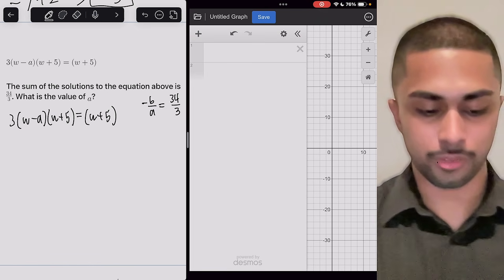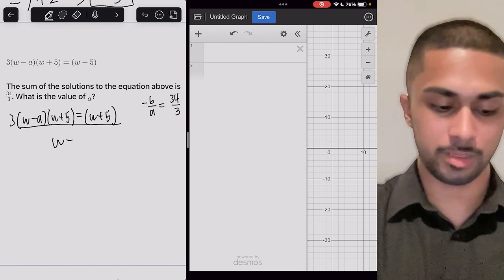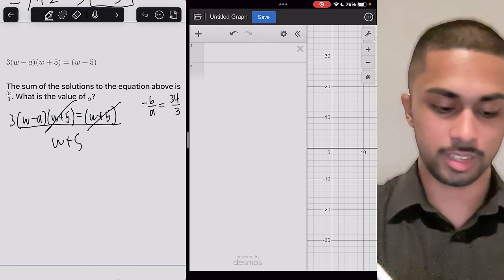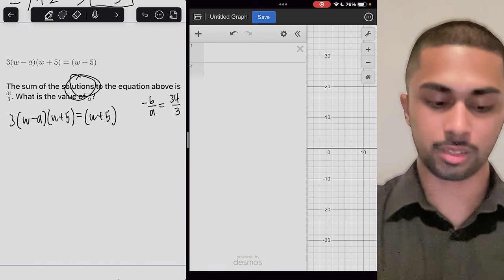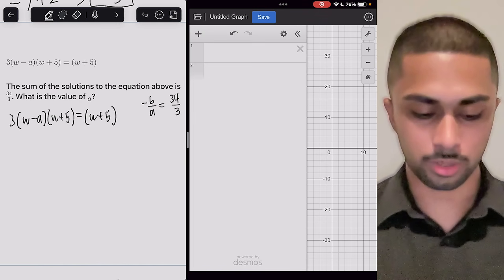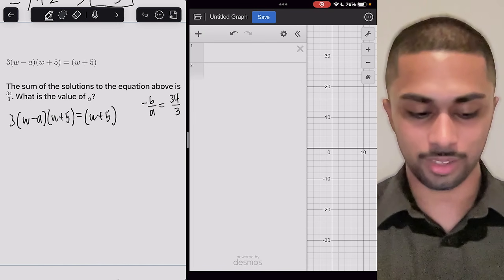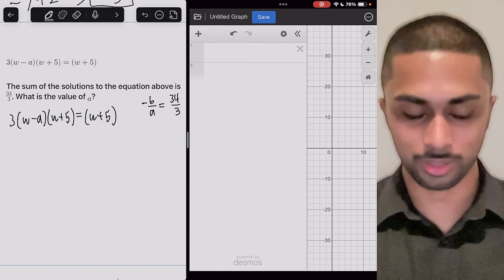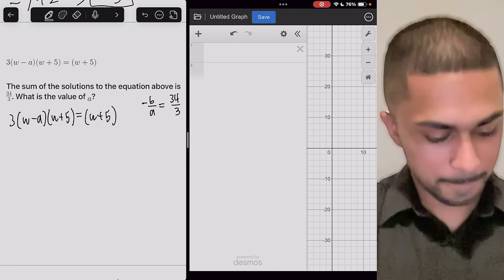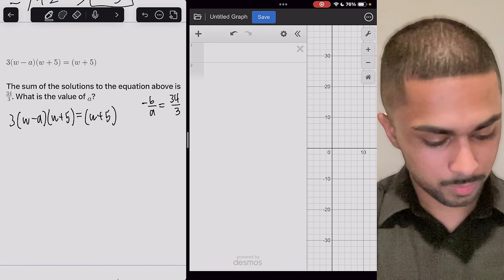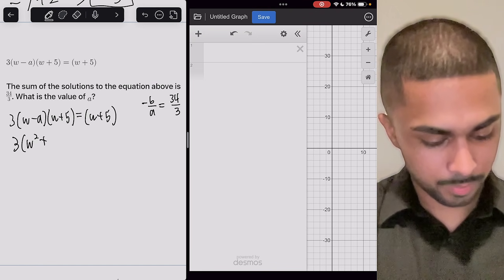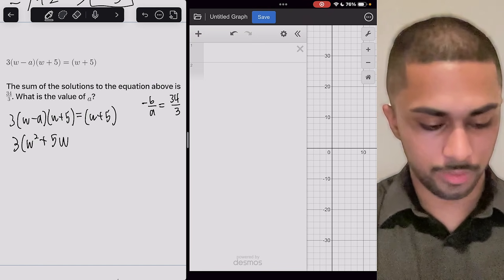The mistake that a lot of students make here is just dividing the entire thing by w plus 5 to cancel these out. I don't want you to do that because it says solutions plural. We need two solutions. And if you divide out the w plus 5, you lose a solution. Right now, I'm just foiling everything out.